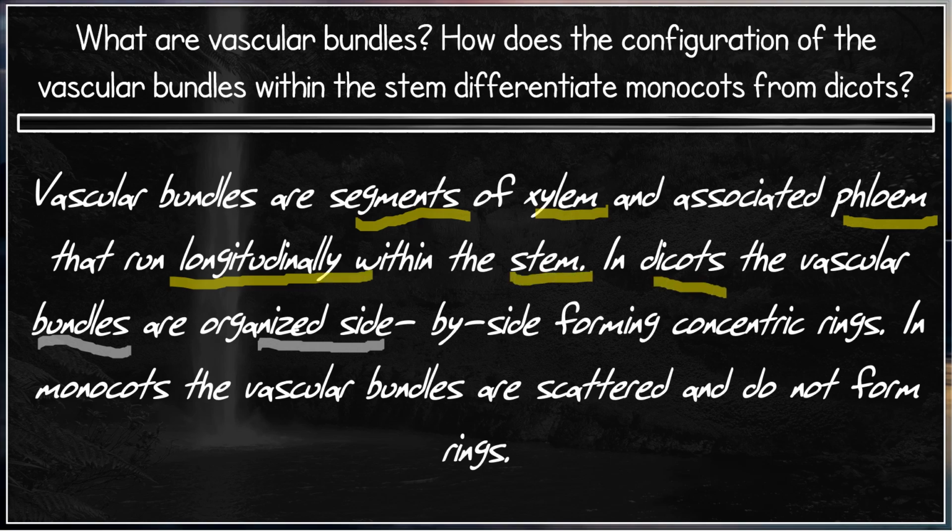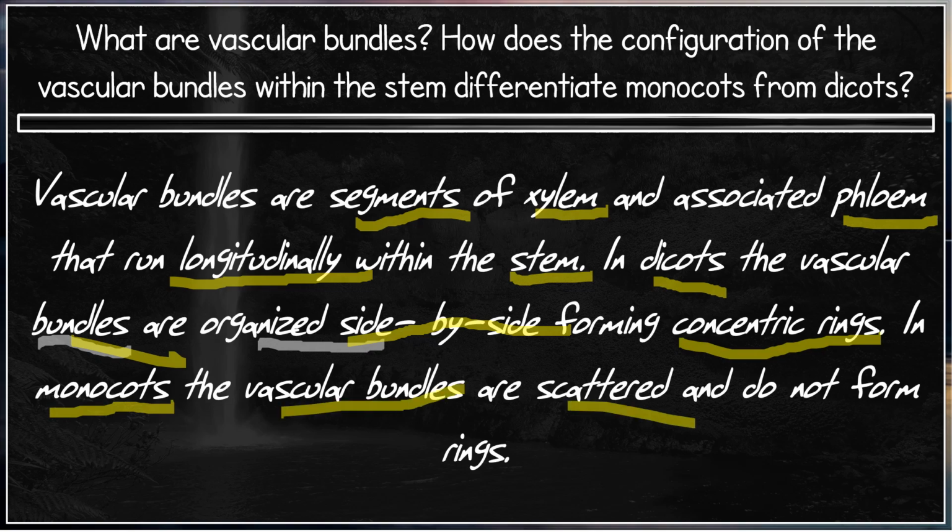In dicots, the vascular bundles are organized side by side, forming concentric rings. In monocots, the vascular bundles are scattered and do not form rings.